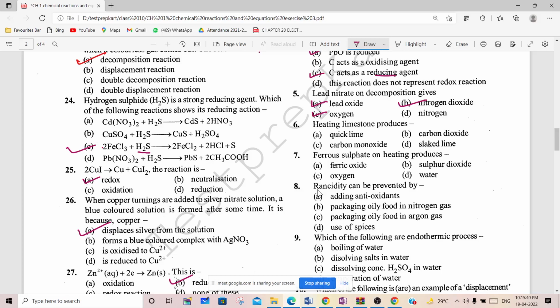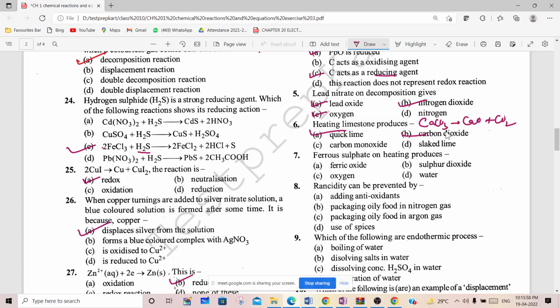Carbon dioxide and quicklime. Everyone getting this? CaCO3 gives CaO plus CO2.